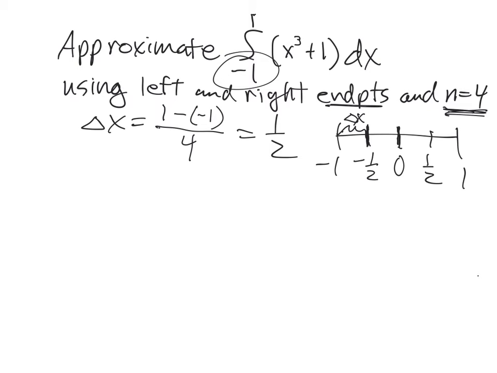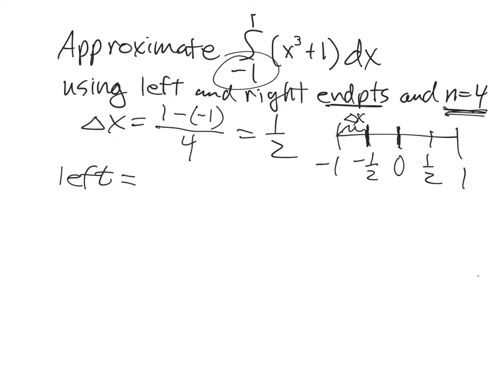Okay. Left endpoints. Now remember, we're looking at area of a rectangle. The width of that rectangle would be the delta x. The length of the rectangle is your function value.